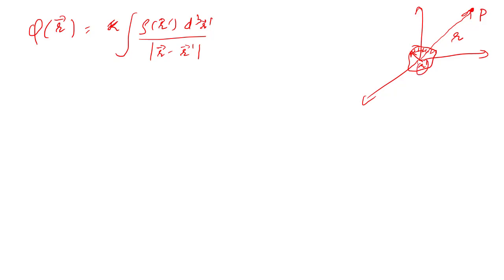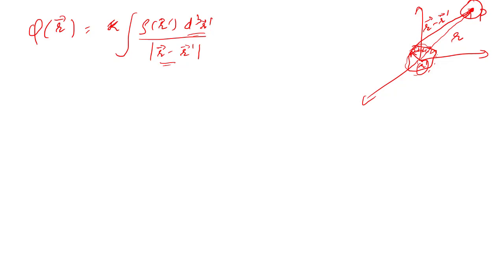So you're spanning over r prime, counting each of these cells within this volume, and that's what this integration gives. And r minus r prime is the distance between the point P and any cell that you are in.